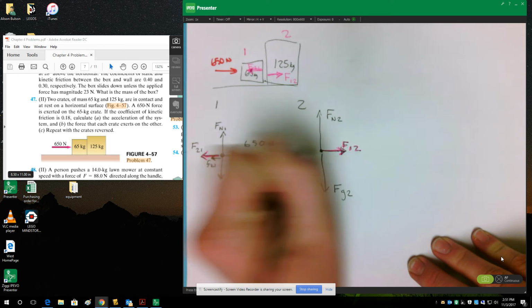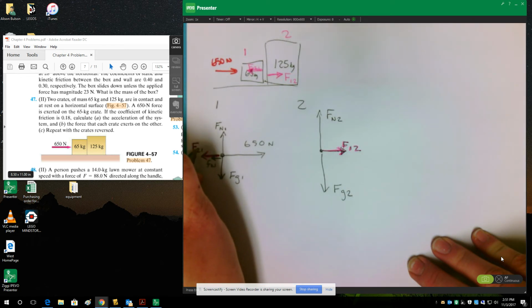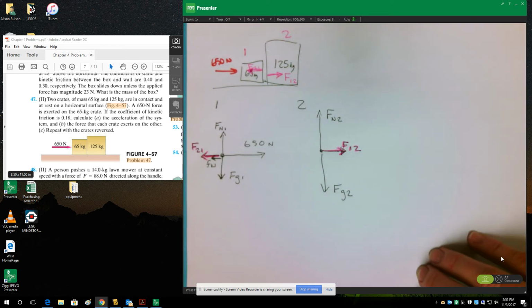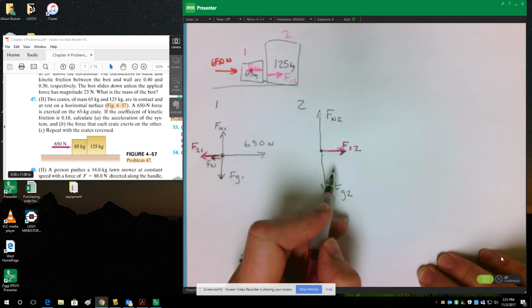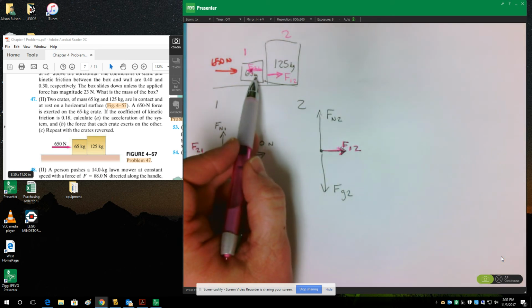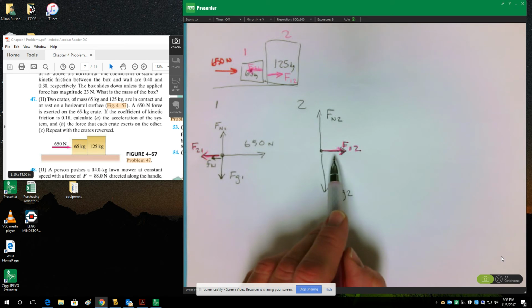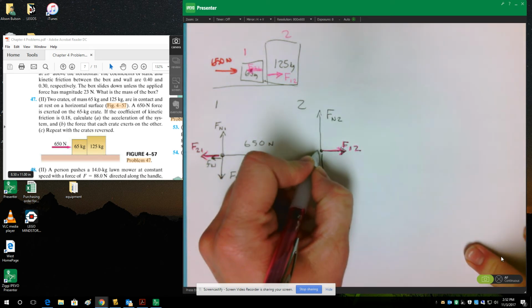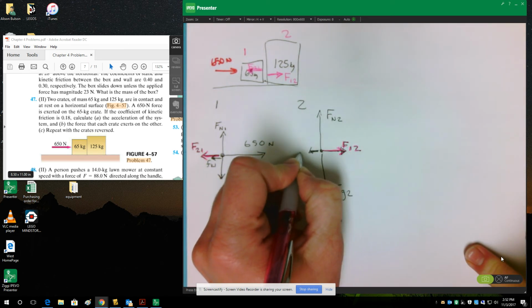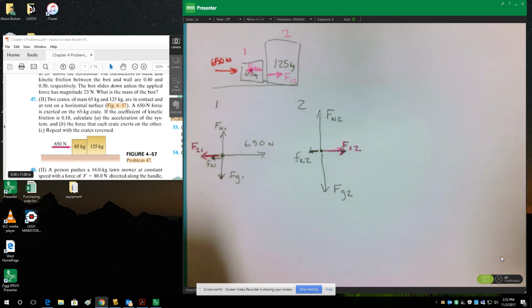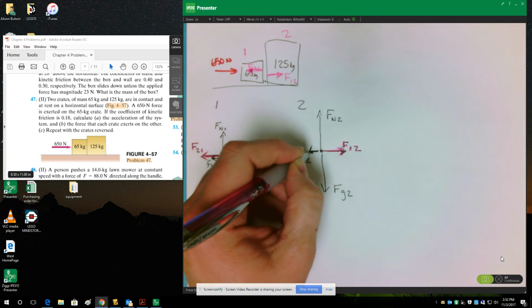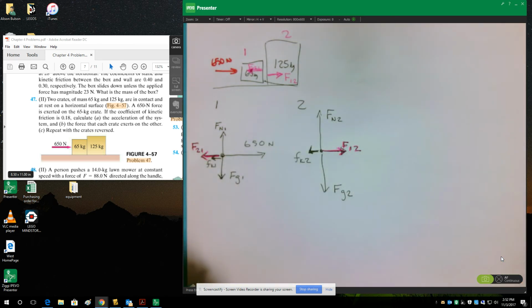So I'm making them pink, as they are in the diagram above. Block 2 is only touching block 1, so that 650 isn't exerted on block 2. This is a horizontal force, and then there's, of course, friction on block 2 because it's interacting with the tabletop or whatever it is it's sliding across.